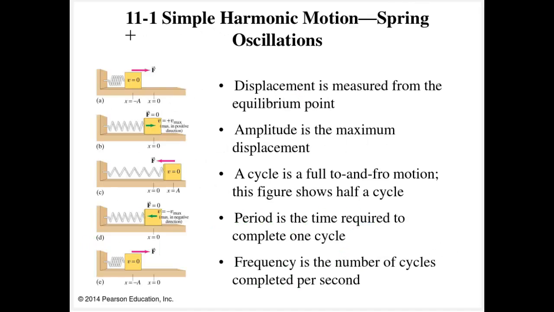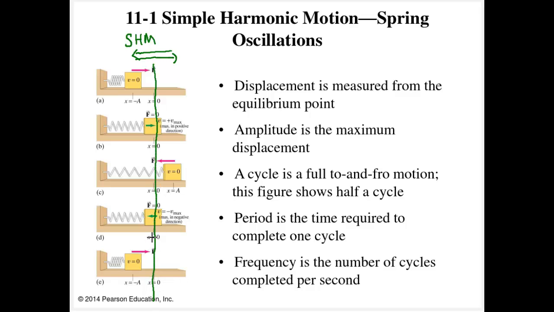Let's just get some pesky definitions out of the way. Here we have our mass on the spring showing us this simple harmonic motion, and you can see that the force is always towards the equilibrium point, and the mass on the spring is essentially going back and forth here. We're always going to define our displacement as being measured as away from the equilibrium point, which is going to be the unstretched length of the spring.